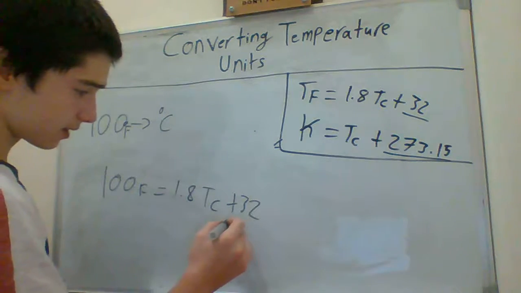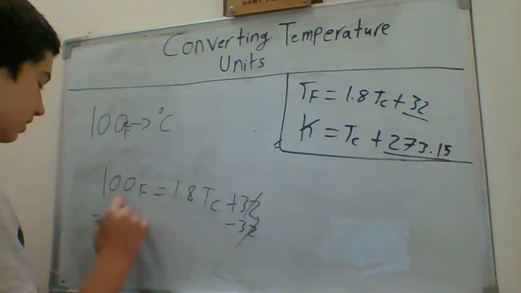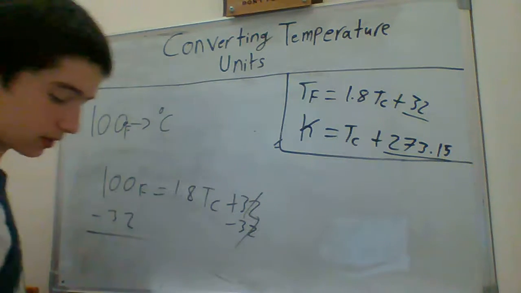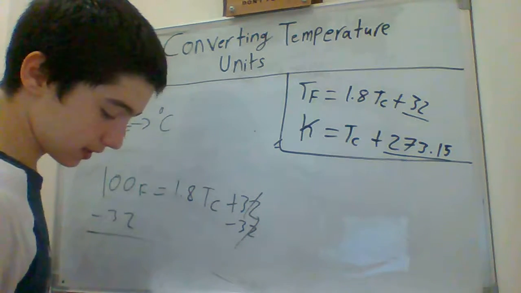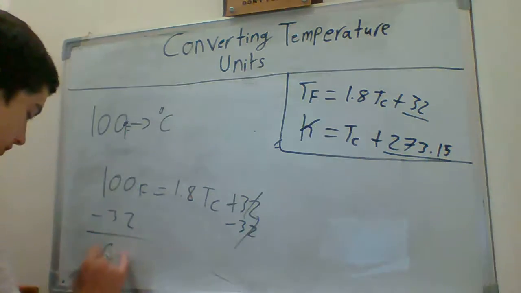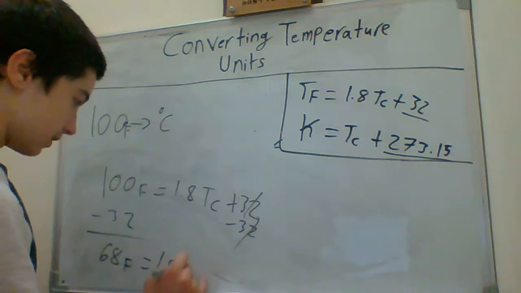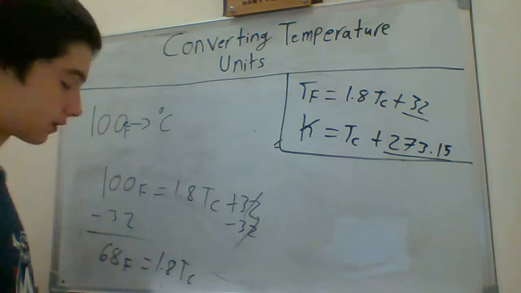So we're going to do the math. You're right, we're going to subtract 32 from both sides. I know it's an easy question, but still it's going to equal 68 Fahrenheit equals 1.8 TC, temperature of Celsius.